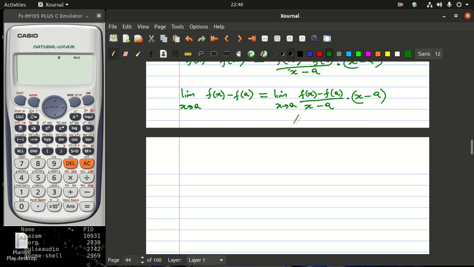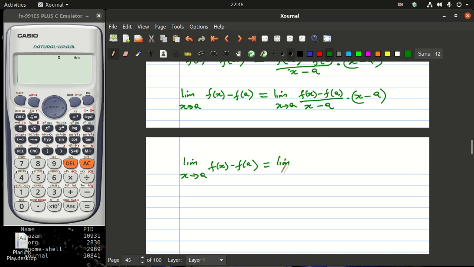Another thing you can realize here, I'm going to take this thing as it is. I still have the limit as x approaches a of f of x minus f of a, and then this whole thing here. I know that this limit exists because this one is actually the derivative.